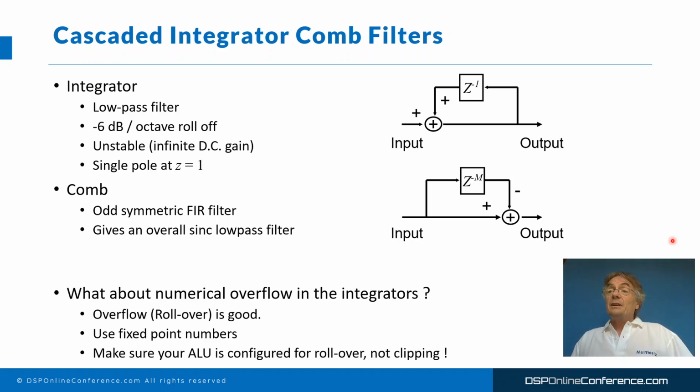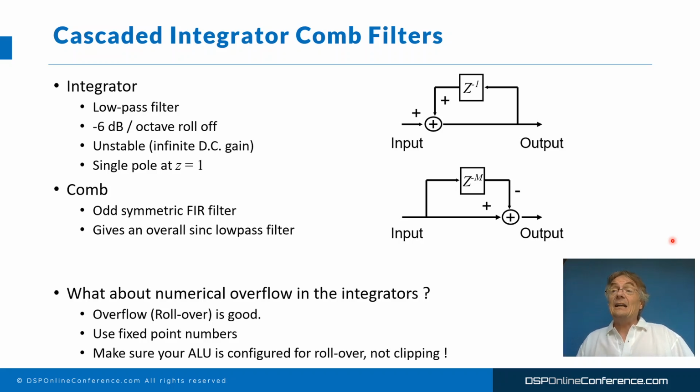But if we think about these algorithms, you might think, whoa, this is interesting. So we're running our high-speed data into our integrator, which is constantly adding numbers together. What about numerical overflow in the integrator? Well, it turns out that if we used a fixed point number scheme in our processors, then overflow is good.